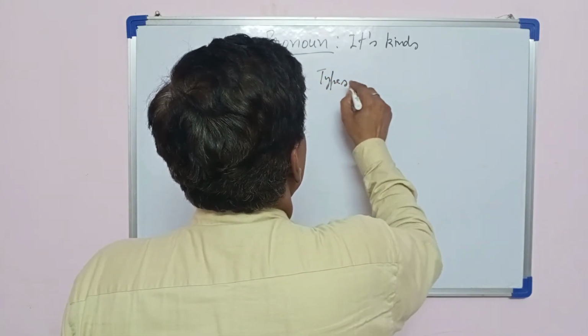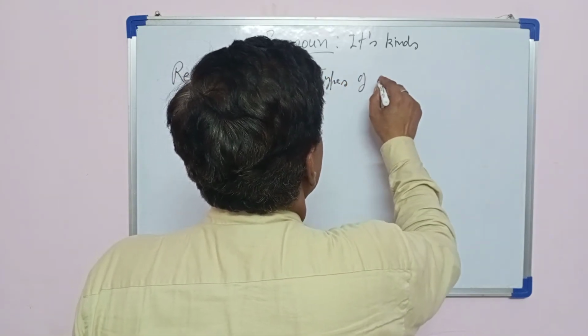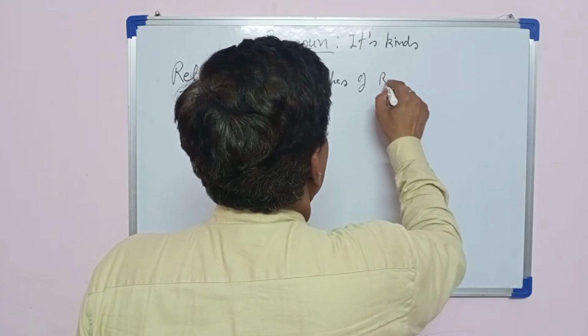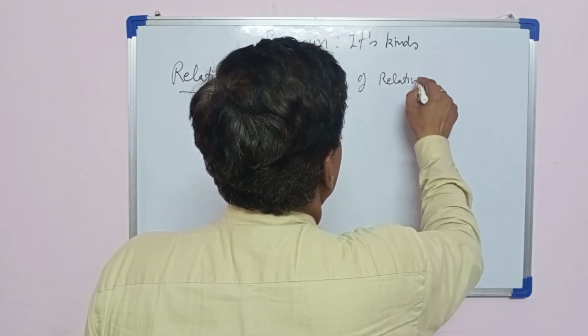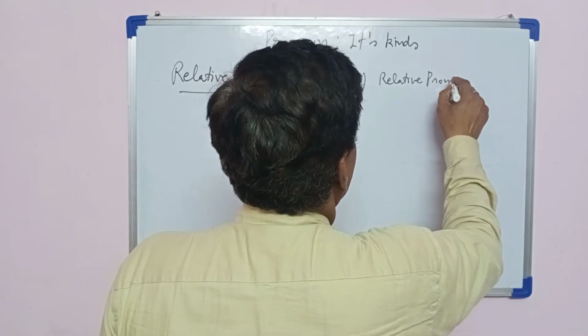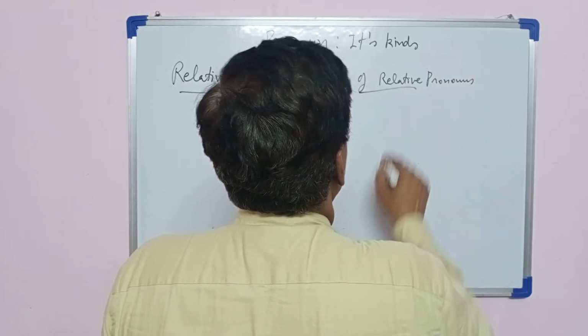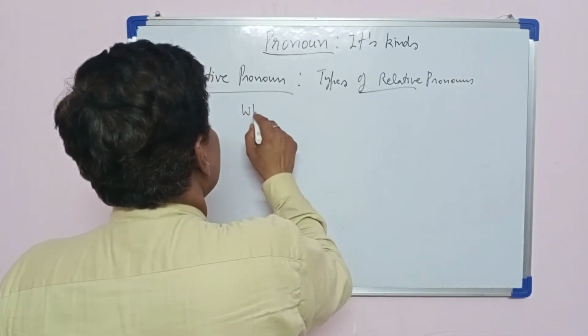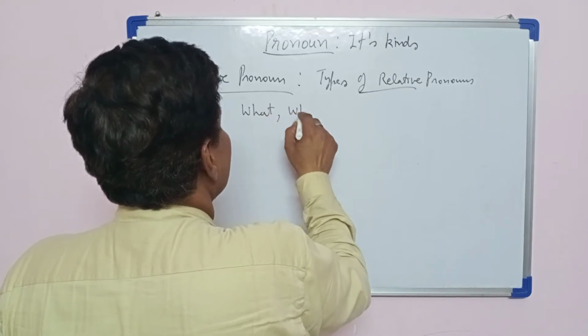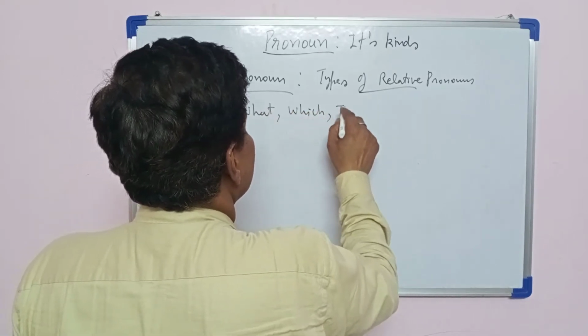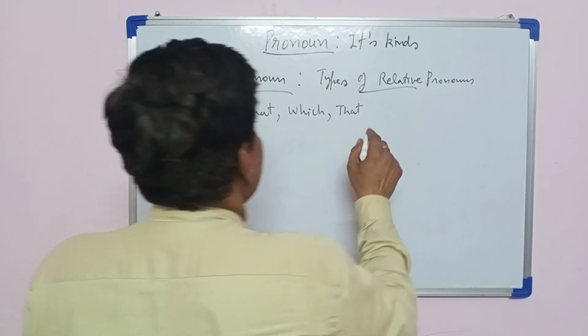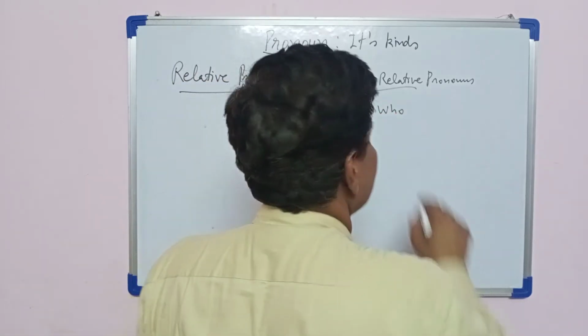Types of relative pronouns. There are four: what, which, that, and who.